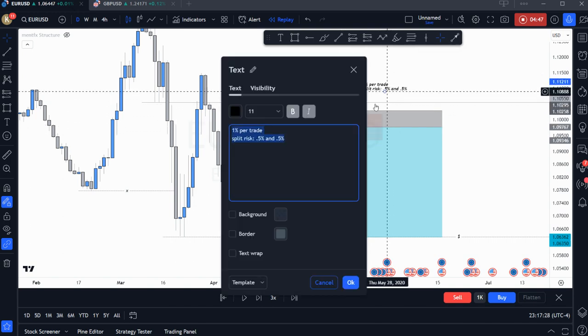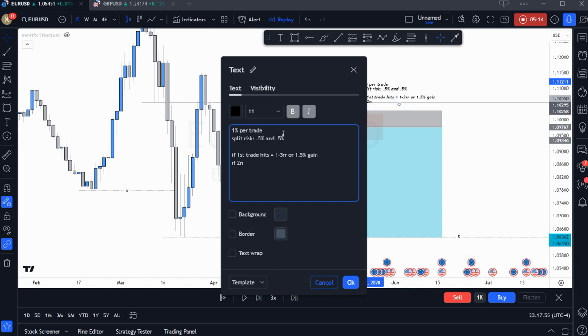So I'll actually do that math. If the first trade hits, let's say the first trade hits, it's going to be equal to a 1 to 3 RR, or 1.5% gain, right?